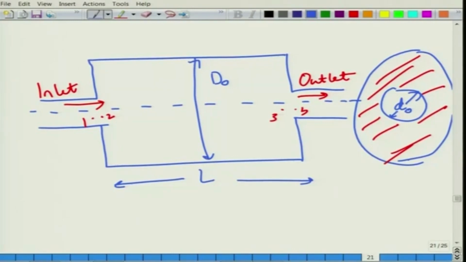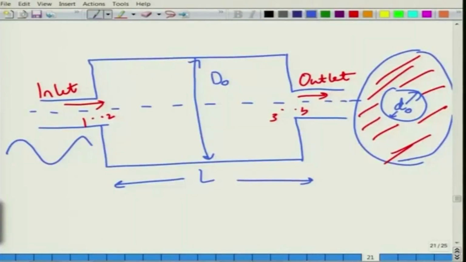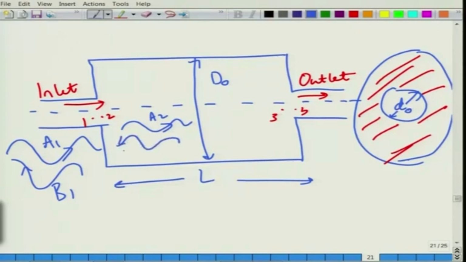It works on the principle of reflecting a significant portion or part of the acoustic energy back into the system. So, when a wave is incident somewhere in here, some part is reflected back. A1, B1, here it gets to A2 and here it is B2 and some part is A3 and here there will be some part that will be reflected back.